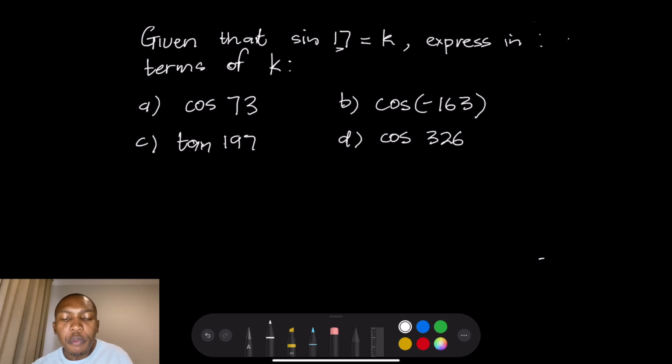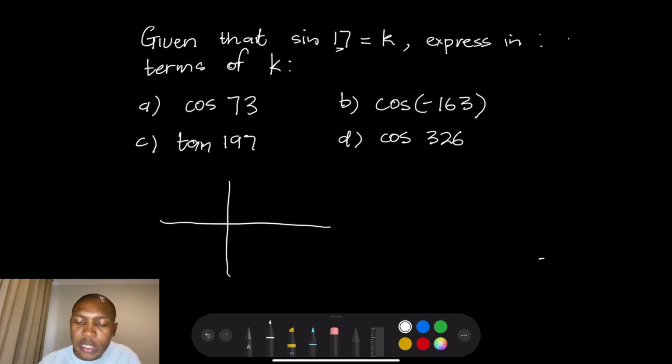So what we're going to do is go and draw our triangle. Just remember, we go into the Cartesian plane. We know our triangle is in the first quadrant. And they've said that the sine of 17 is k. Now, please, I want you to note something.